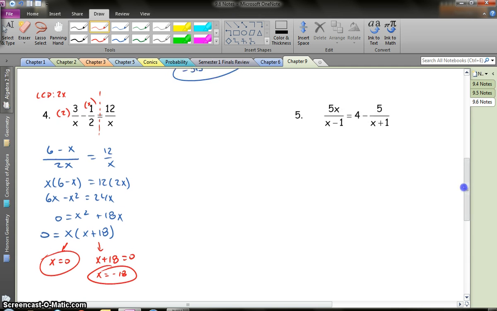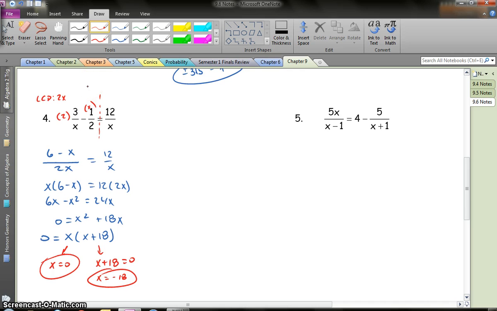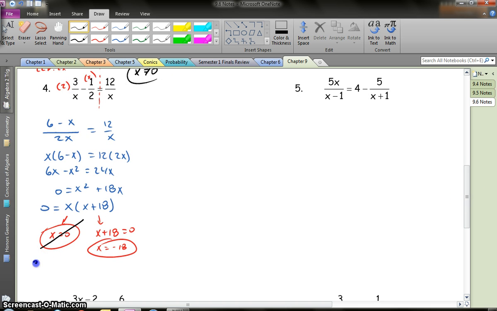However, if we go back and look at the domain of this, okay, what can x not be? Well, we can't have a 0 in the denominator, so my domain says that x cannot be 0, in which case we have one here, so negative 18 is my only solution. And think about this. If you go to check your answer, it wouldn't be true, because you would have, let's say, with 0, 3 over 0 minus 1/2 equals 12 over 0.